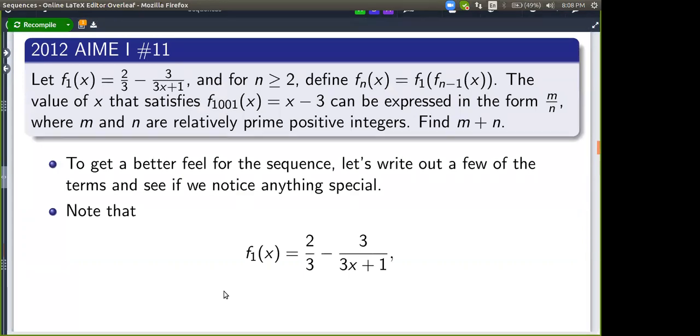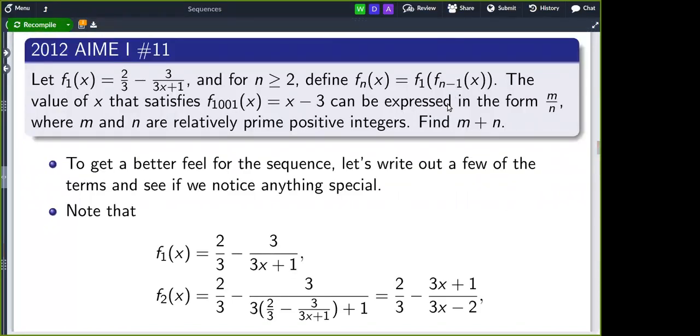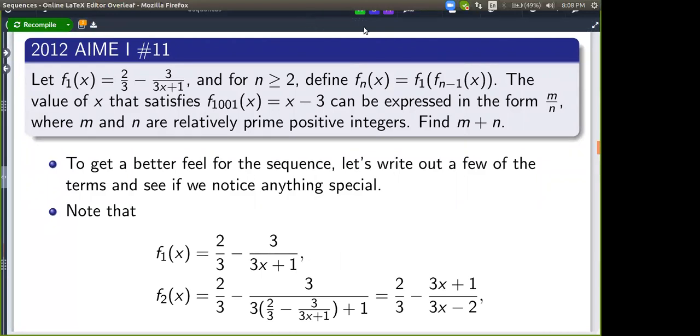And so then if we go and calculate F2, we're just applying the function a second time. So this is 2/3 over 2/3 minus 3 over 3 times 2/3 minus 3 over 3x plus 1, all plus 1.